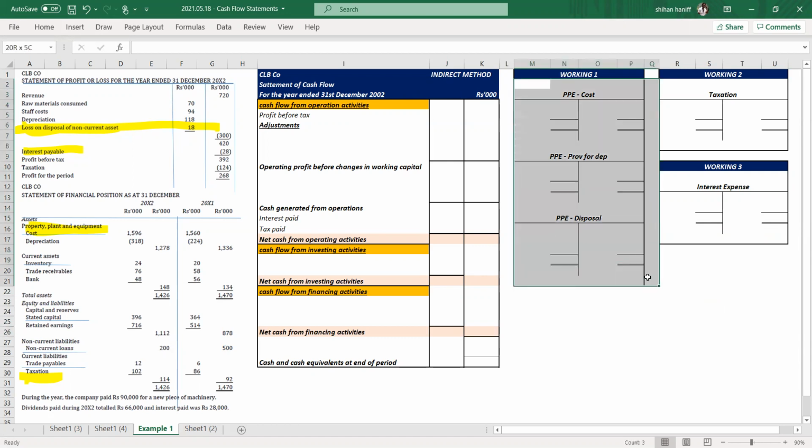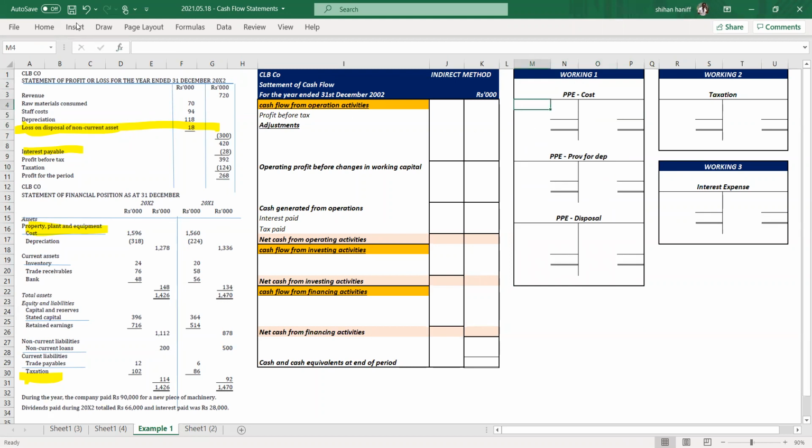So let's do the workings first. Can you all start with PPE, working number one, which is related to property, plant and equipment. What you have to do is opening balance, closing balance, and the transactions, which is known transaction, you record it and find out the unknown value.